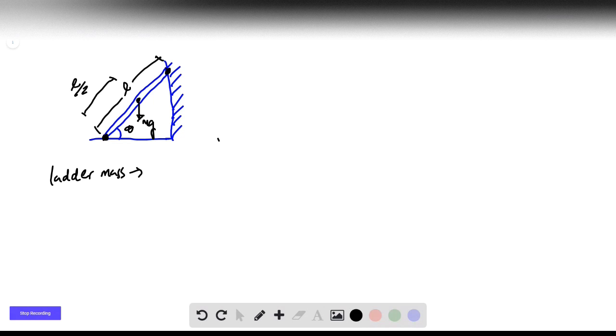Of the ladder itself. Remember, if the ladder is not moving, mu s is the coefficient of static friction, since the ladder is not moving.